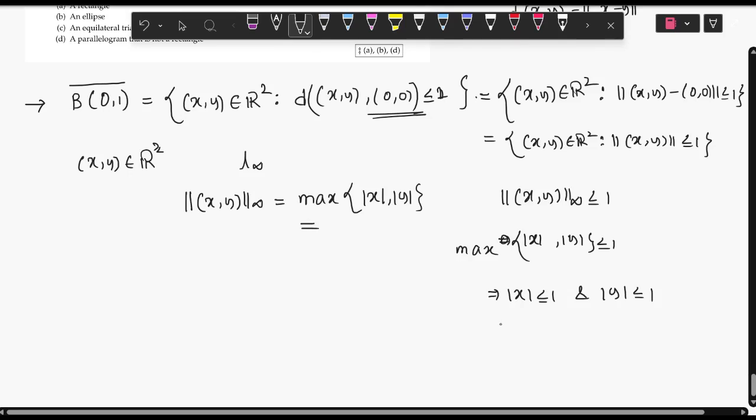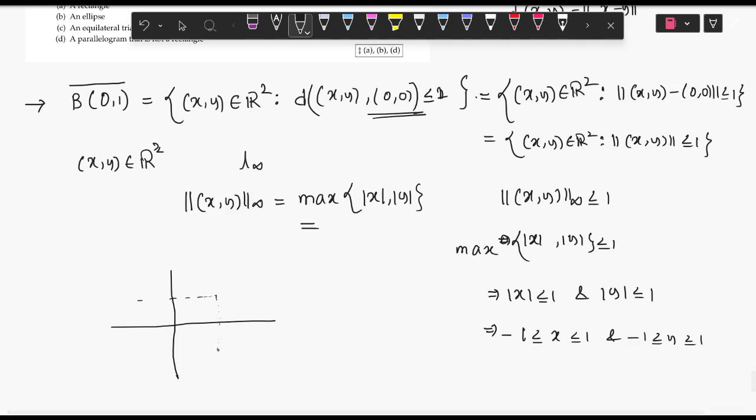In other words, minus 1 is less than or equal to x less than or equal to 1 and minus 1 is less than or equal to y less than or equal to 1. That represents the square about 0.